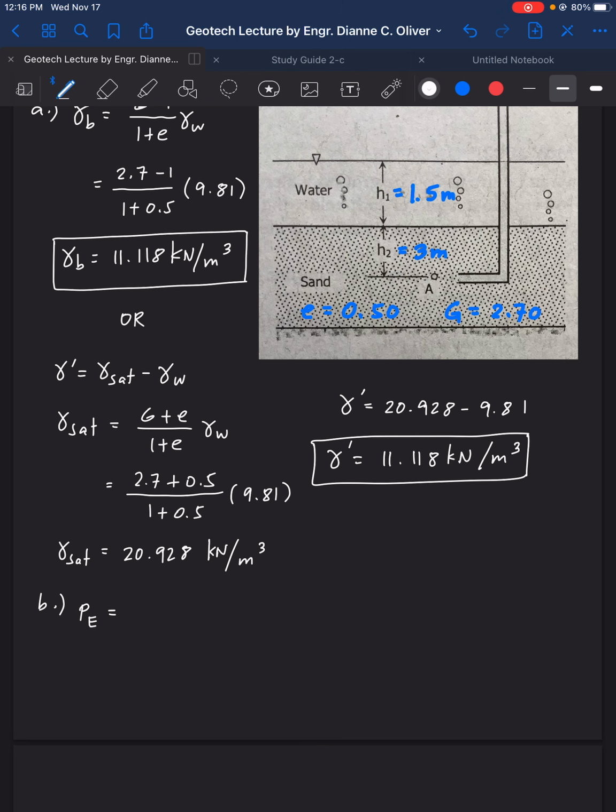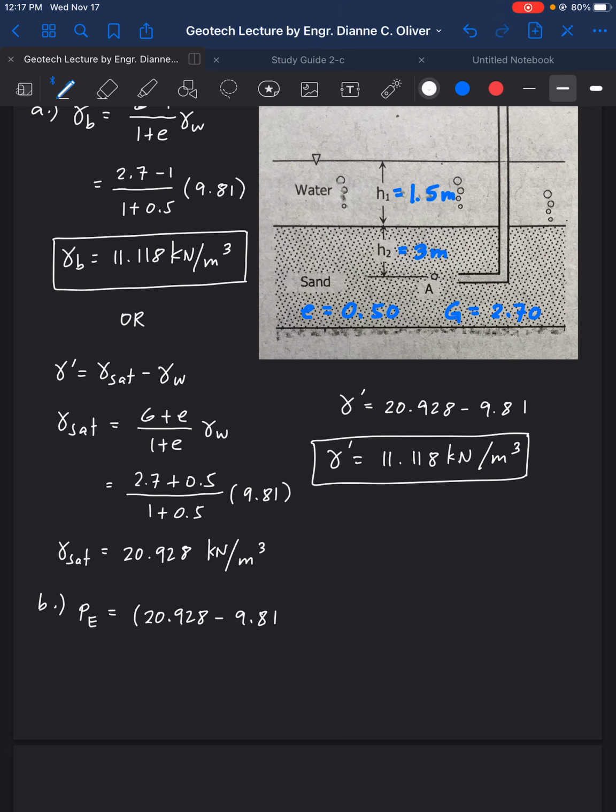So the shorter way is P effective is equal to, should we include the water for the P effective? The answer is no. You just have to remove it already. Remove the water. Just go to the soil. The soil here has gamma sat of 20.928 minus the gamma of water. We have there 9.81. Remember the definition for effective stress is the particle-to-particle contact.